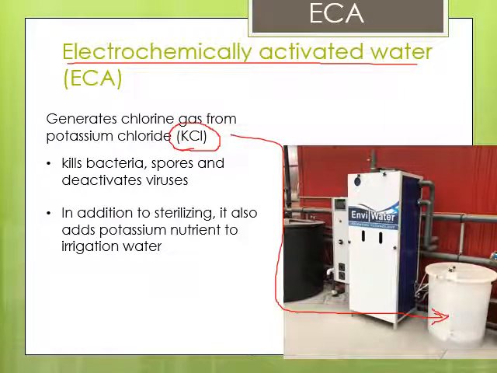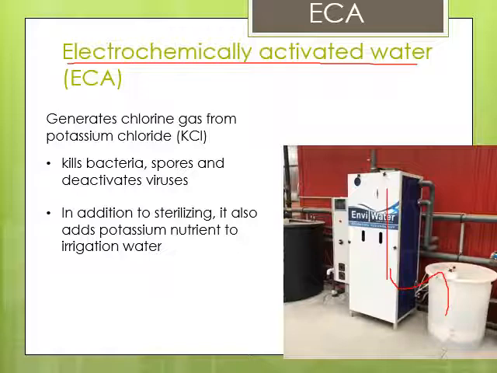You just dump a bunch in, add some water, so you have a thick concentrated slurry. Then the system will suck a small amount of potassium chloride in, inject it into the water, and then pass the water over some electrical plates, just like the ozone generator system. It reacts with the potassium and the chloride to make oxidizing agents that then flow out into the water and have a residual sterilizing activity.